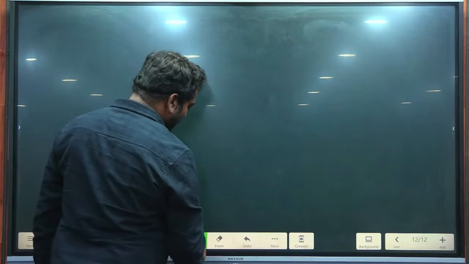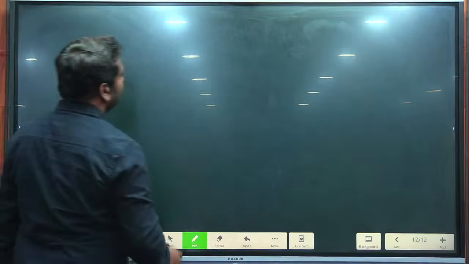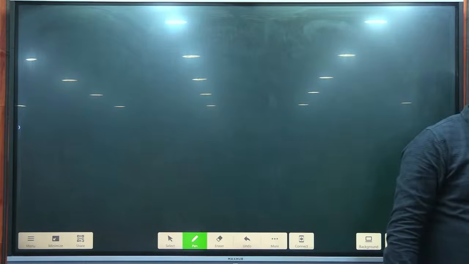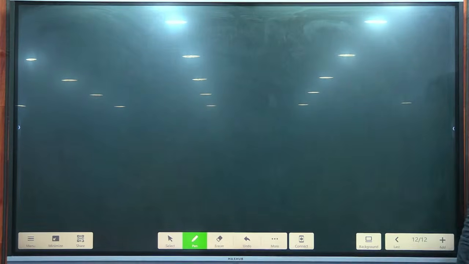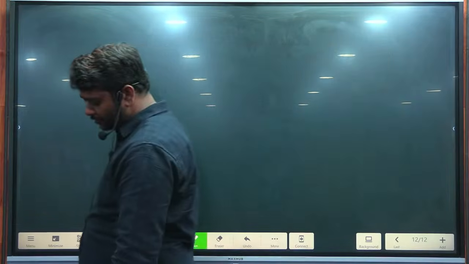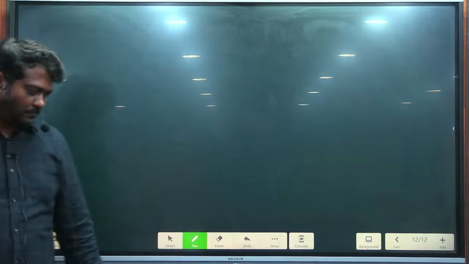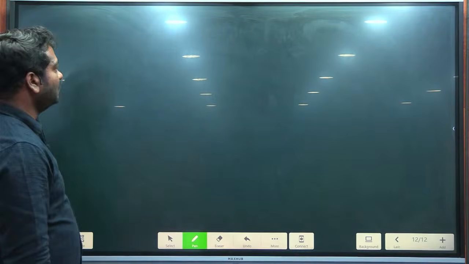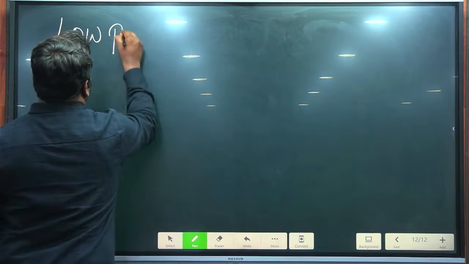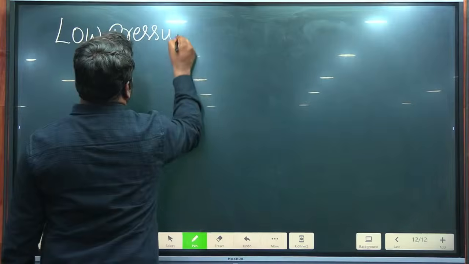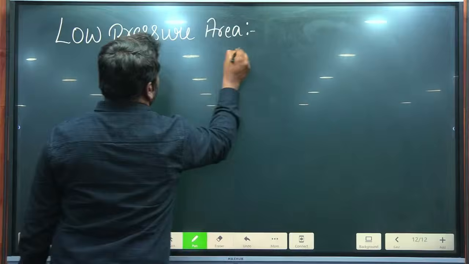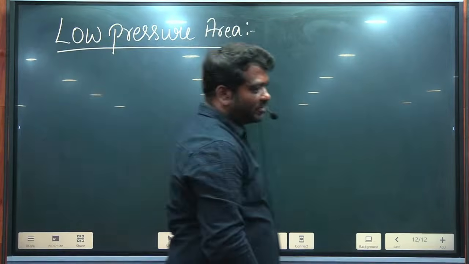So guys, now you write below: types of pressure. First one, low pressure area.